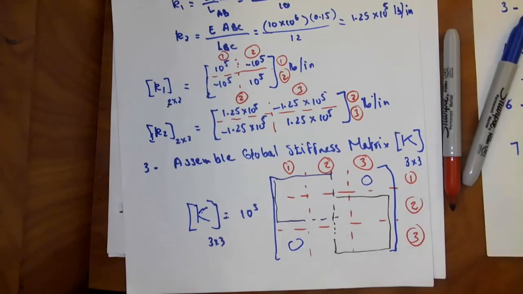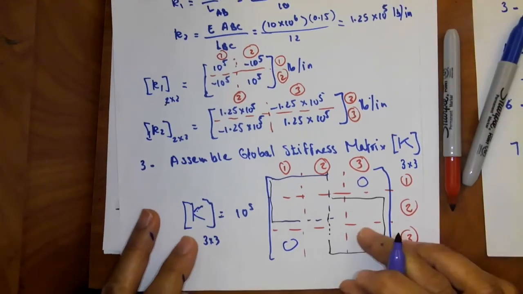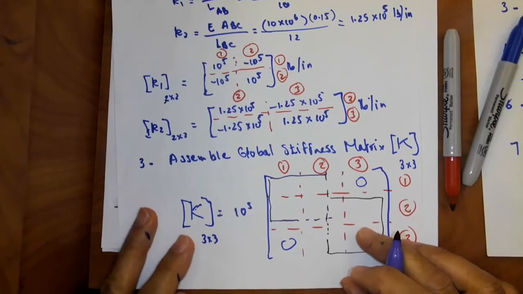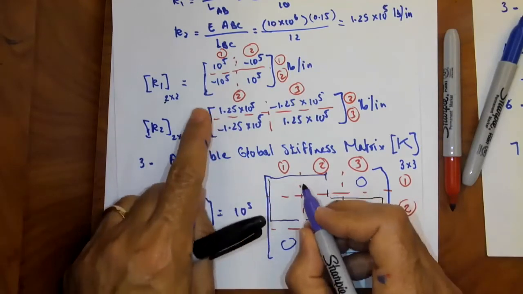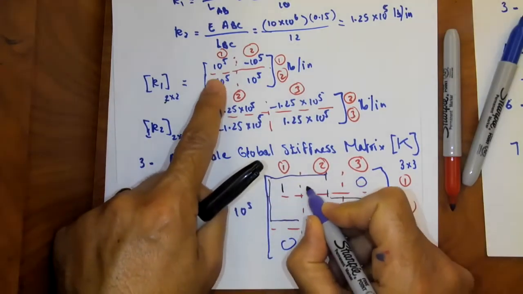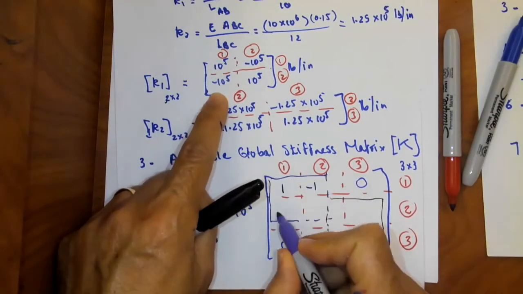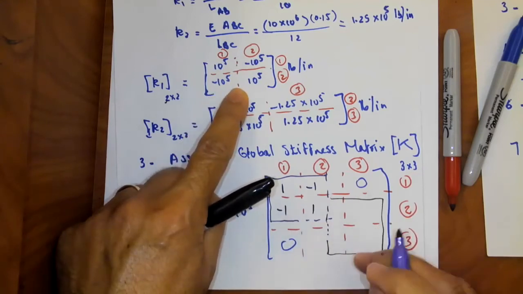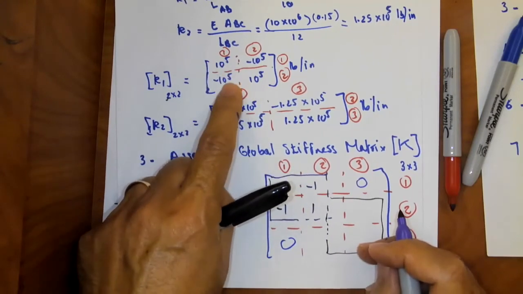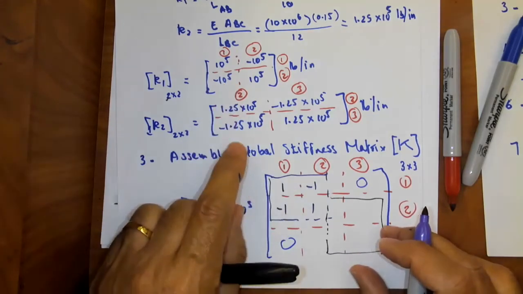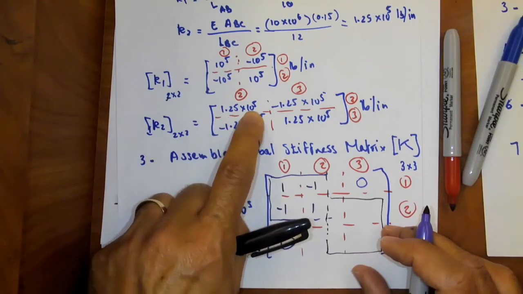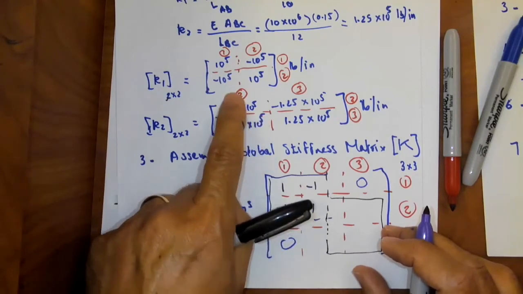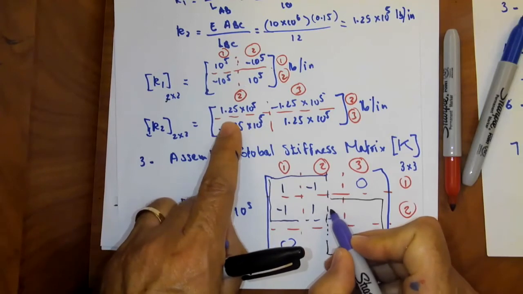So let's put here the entries. And I'm trying to use different colors. I hope it's clear on the screen. So K1, I'm going to have a 1 and a -1, because 10 to the power 5, and -1 and a 1. I hope you see where I'm getting my numbers from. For K2, I have here a 1.25 times 10 to the power 5. And this is 2, 2. So this is coming also here.